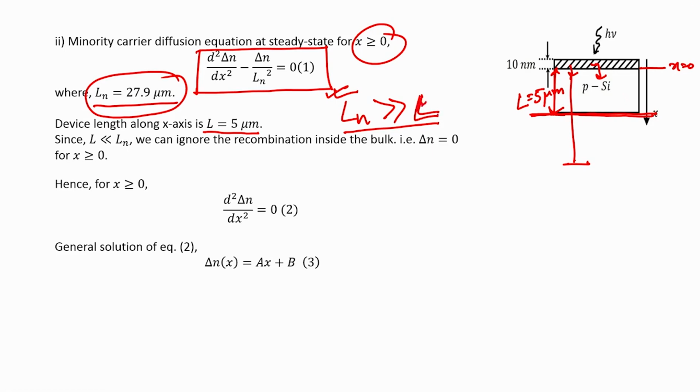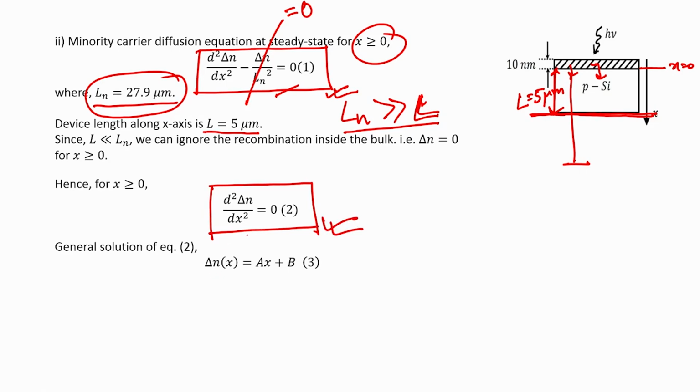So, we can reduce this minority carrier diffusion equation further by considering del n is equal to 0. That means the recombination term goes down to 0. So, the minority carrier diffusion equation gets reduced to d2 del n dx square is equal to 0.